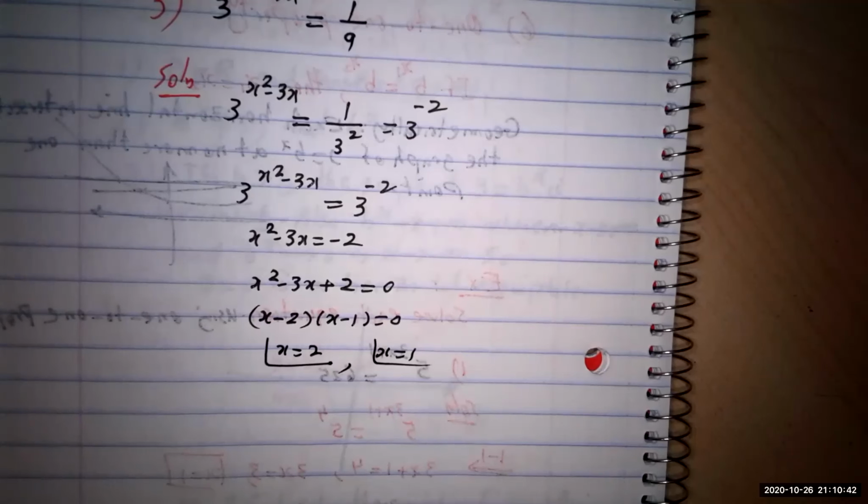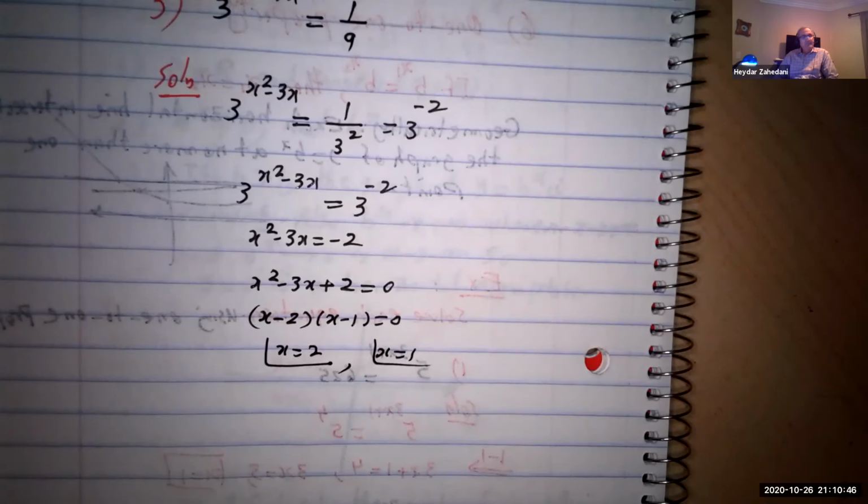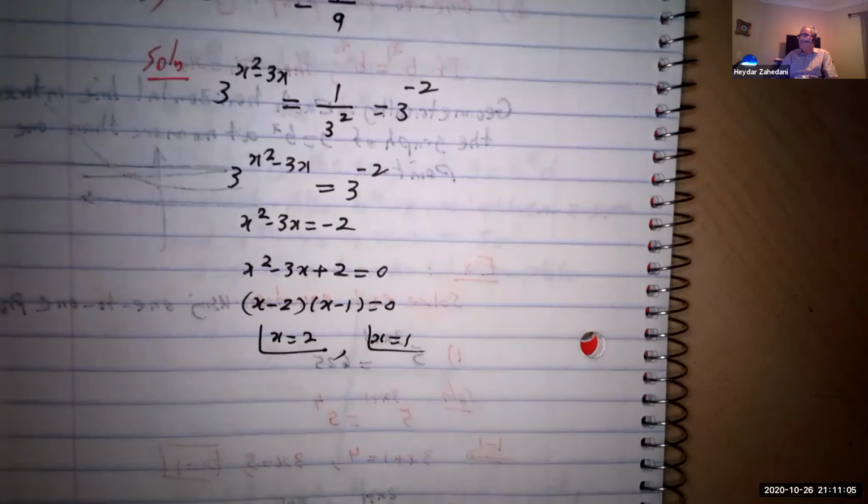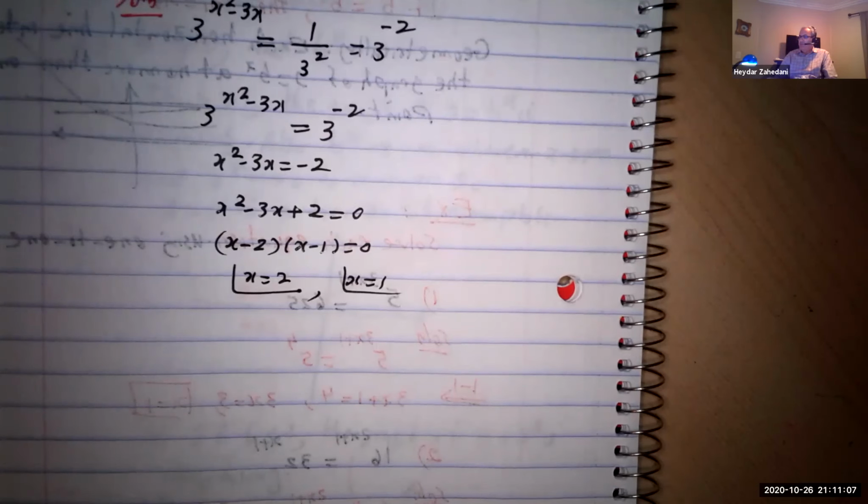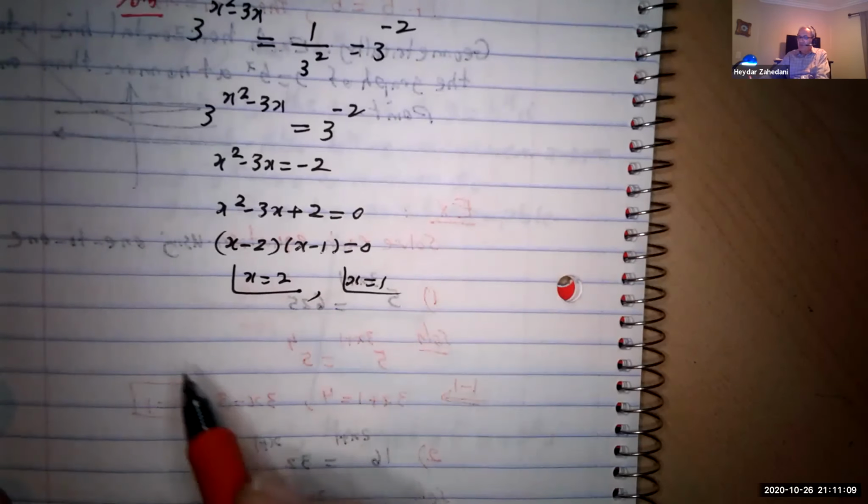Okay, so these are various possibilities that you may have to work with, and we will give you a couple of them as one question on this coming quiz. So make sure that you are ready for it. Okay, any question?